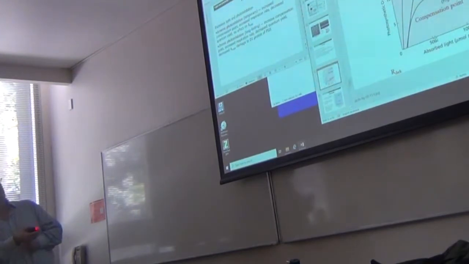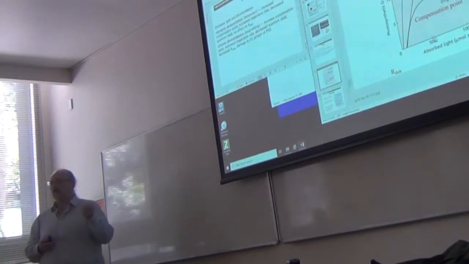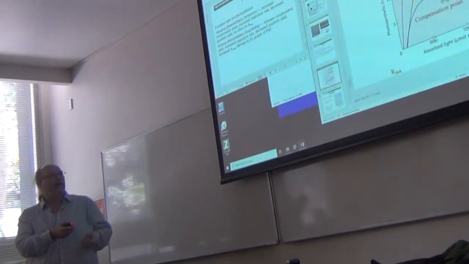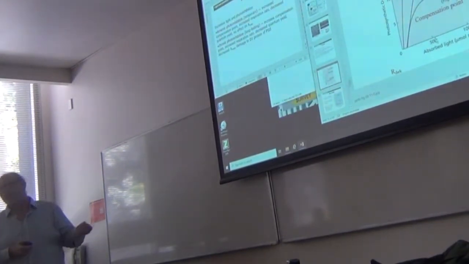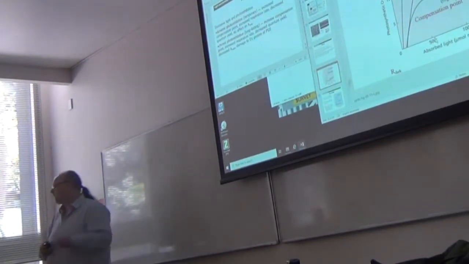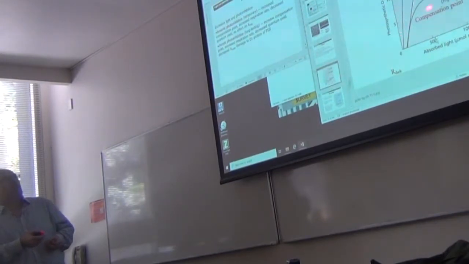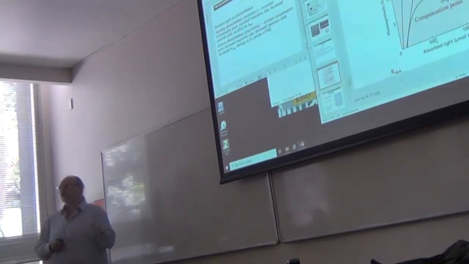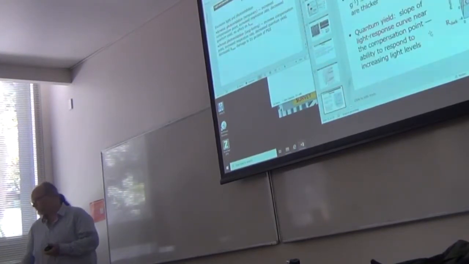And you can tell that the photosynthetic apparatus has been damaged because the maximal photosynthetic rate in saturating light or in full sunlight is much lower than it would be if it were under optimal light conditions or even under dynamic photoinhibition. There's also the change in the compensation point for both kinds, as well as a change in the dark respiration, an increase in dark respiration for both types of photoinhibition.